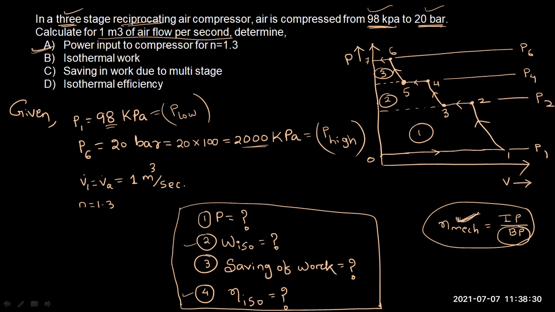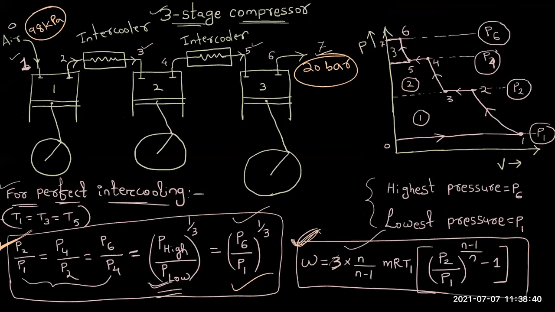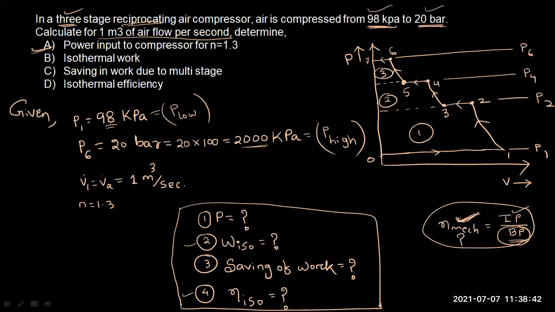But here, brake power is unknown. Indicated power you can calculate from this formula, no problem. But what about the mechanical efficiency value? This value is not given. So it is not possible to calculate brake power, since mechanical efficiency was not given.